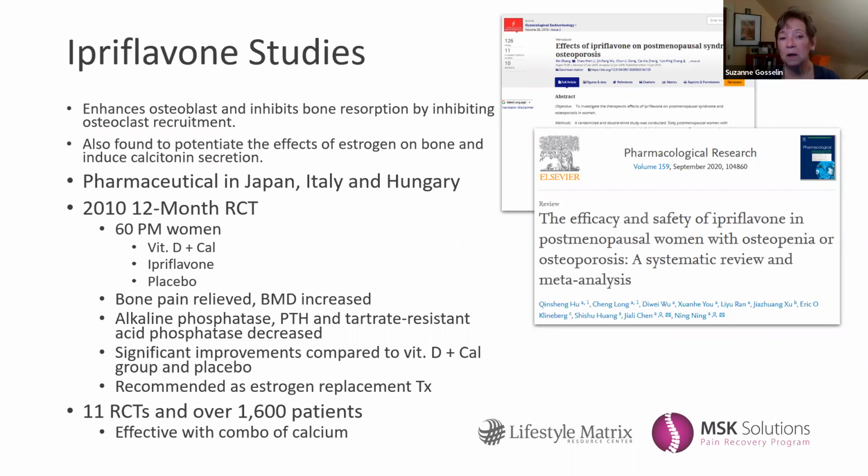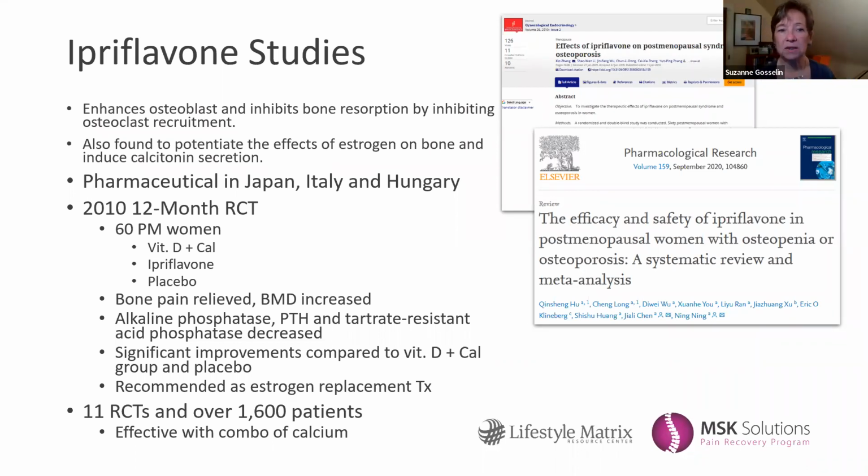And there have been many trials with it. One of the initial ones was a good 12 years ago. There was a 12-month randomized controlled trial of a small group of 60 postmenopausal women. One cohort was just on vitamin D and calcium, one was just on ipriflavone, and the other was a placebo.